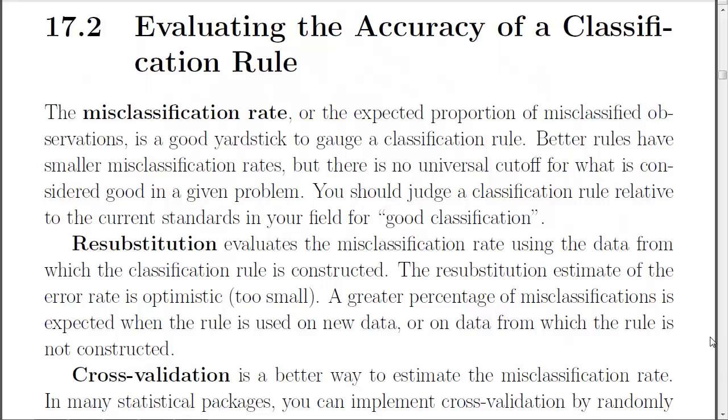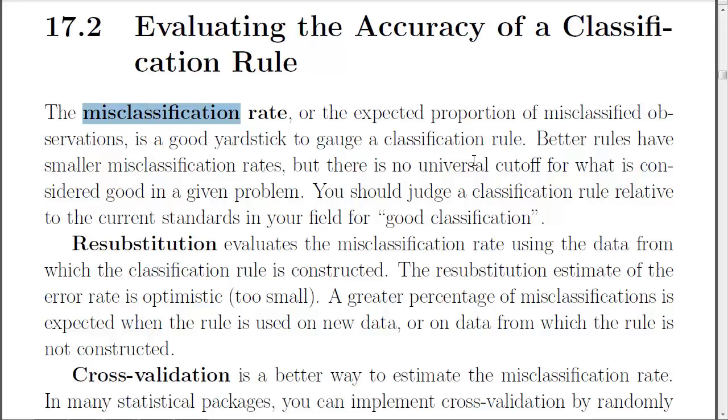To evaluate the accuracy of a classification rule, there are different strategies you can go about. So the misclassification rate is often the thing that we care about, a good yardstick to gauge a classification rule. Better rules will have smaller misclassification rates, and there's really no universal cutoff for what is considered a good classification for a given problem.